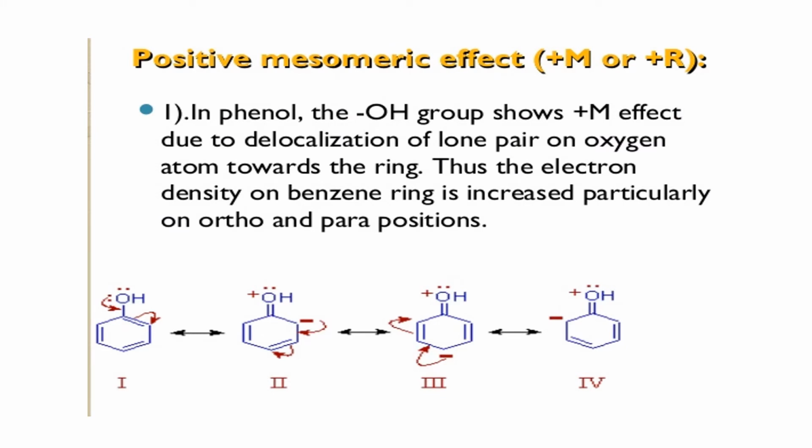Another example showing positive mesomeric effect is phenol. In phenol, the OH group shows plus M effect due to delocalization of the lone pair on the oxygen atom towards the ring.